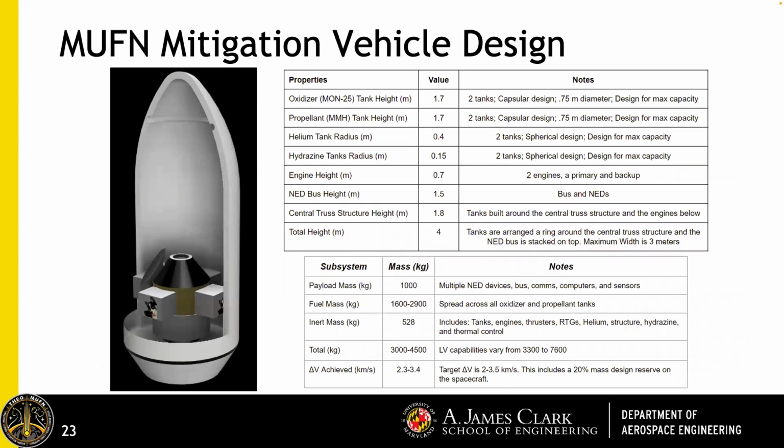All right, so this is our vehicle design. The giant tube on the outside represents the fairing of the Falcon Heavy. That little small guy down there is our MUFN spacecraft. You can see the little 4 squares on the side representing the balesats.